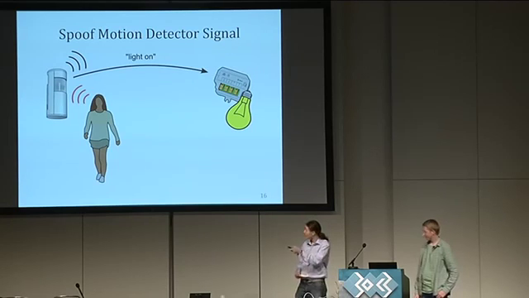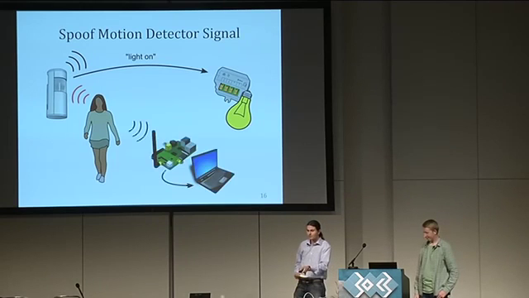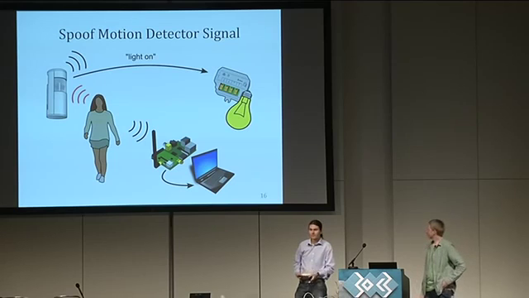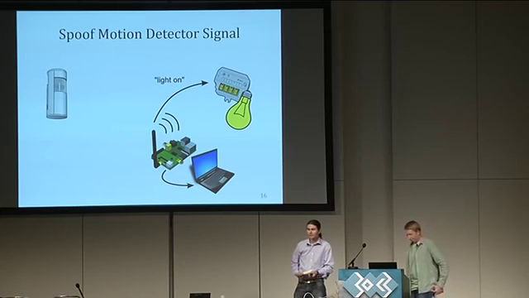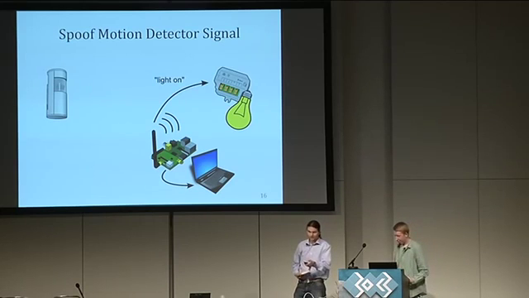For that, we need to sniff one packet containing both pieces of information, and then more or less copy-paste this packet and send it to the switch, and the light goes on without the motion detector detecting any motion.